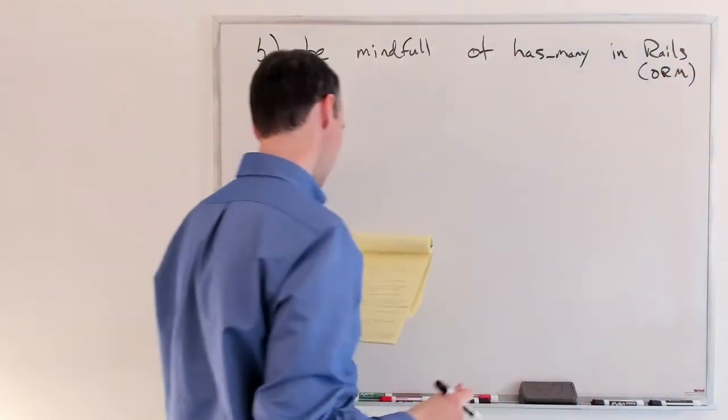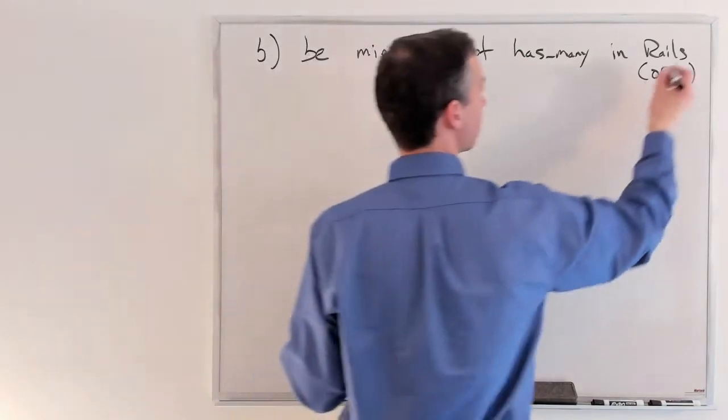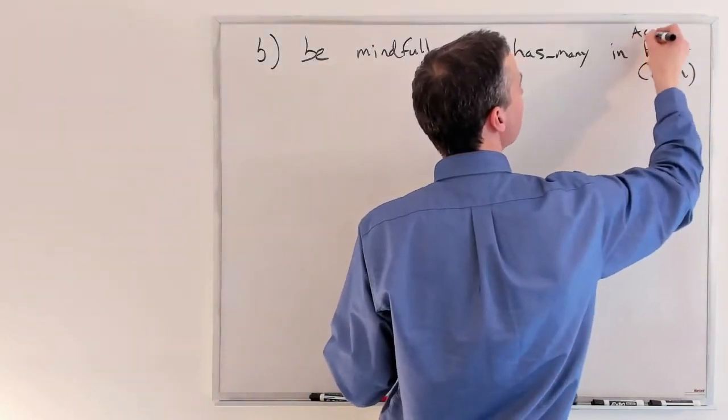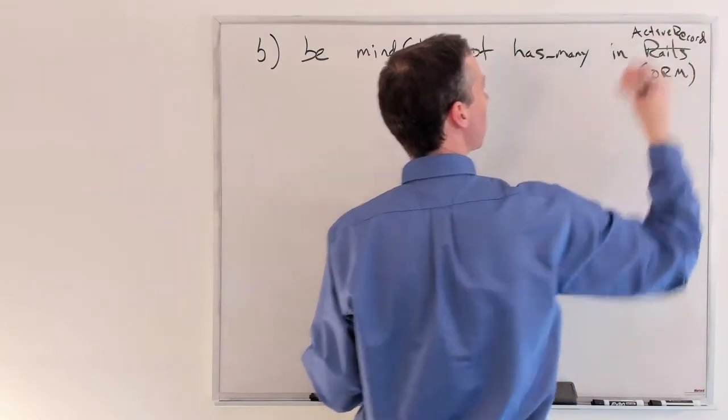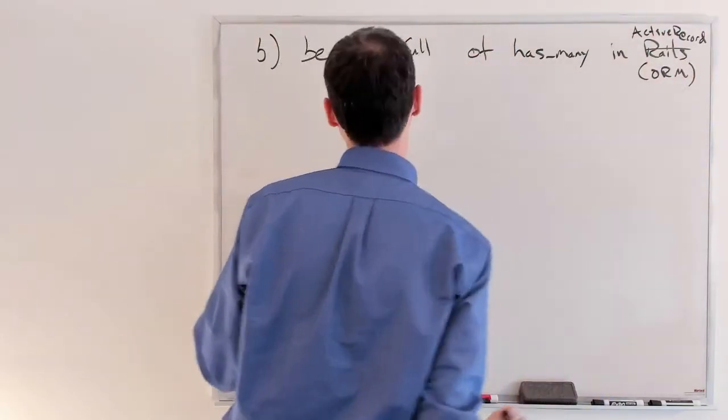Actually, I should say Active Record, just to be clear. It's not Rails, it's the Active Record in Rails, which is our ORM.